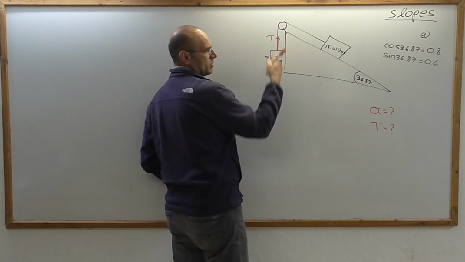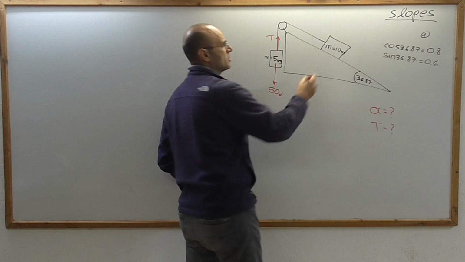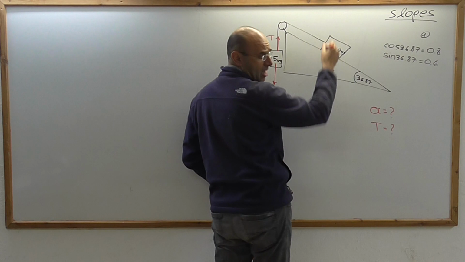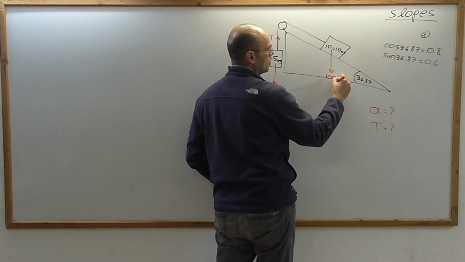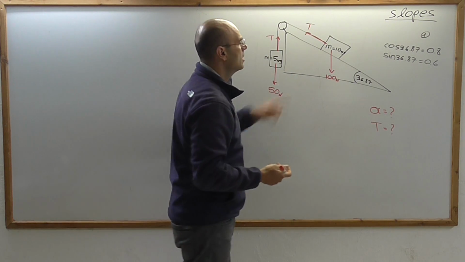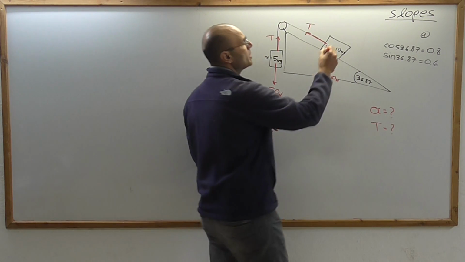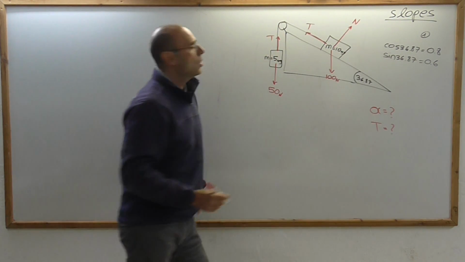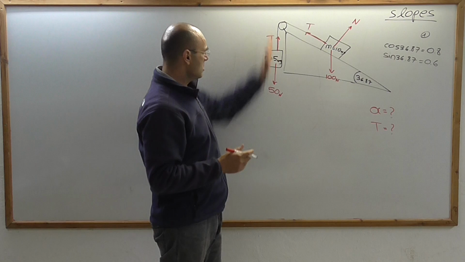Upwards, tension. No normal because no surface. Downwards, always downwards, the mg, so it's 100 newtons. T outside. And the normal force perpendicular to the surface, like that. Normal force.